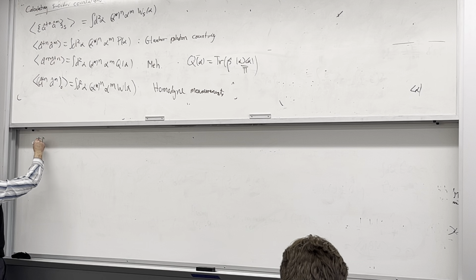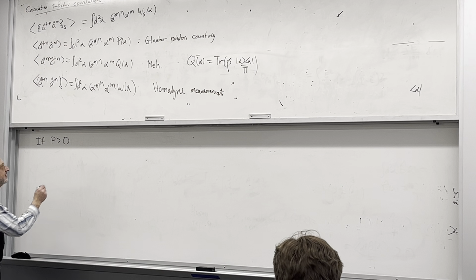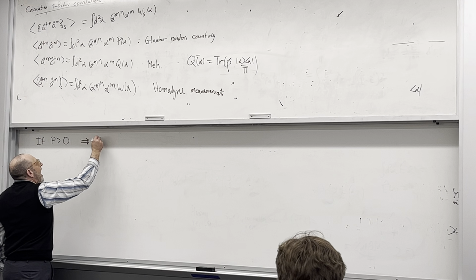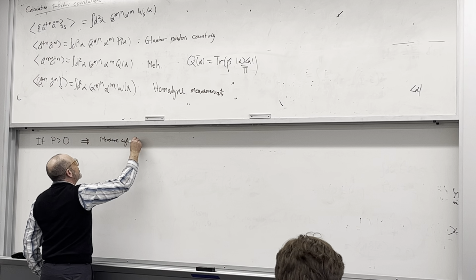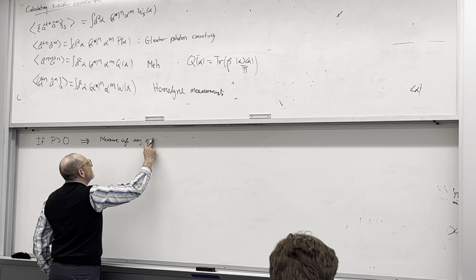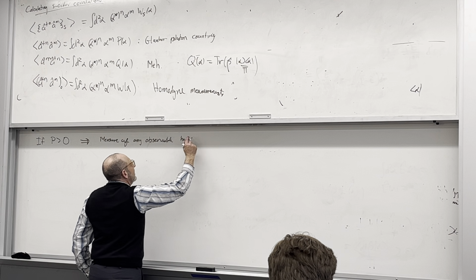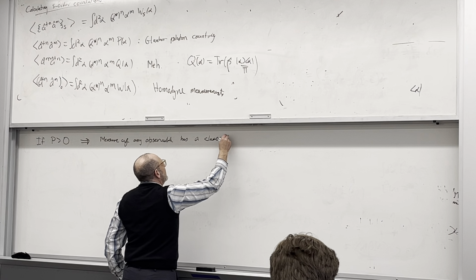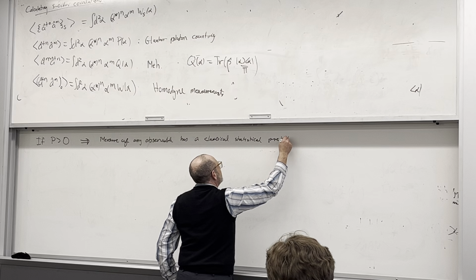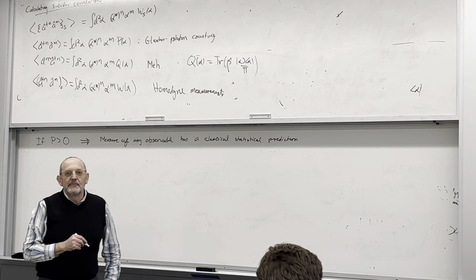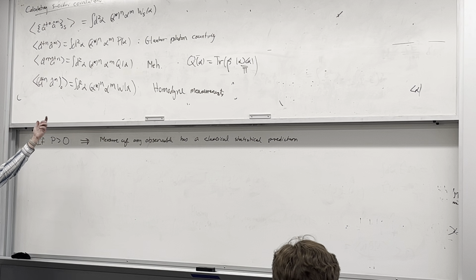If the P function is positive, measurement of any observable has a classical statistical prediction, because all of these things are always well defined.